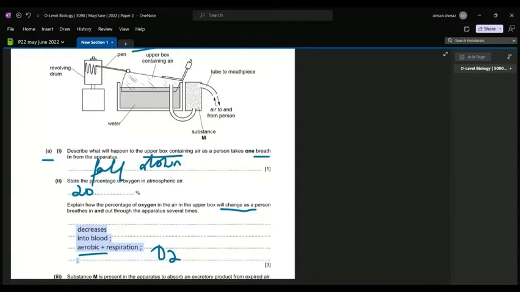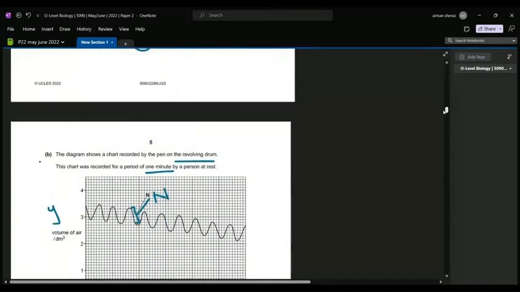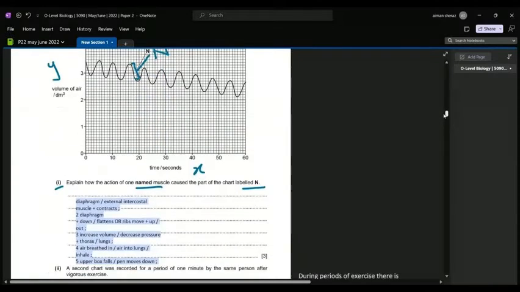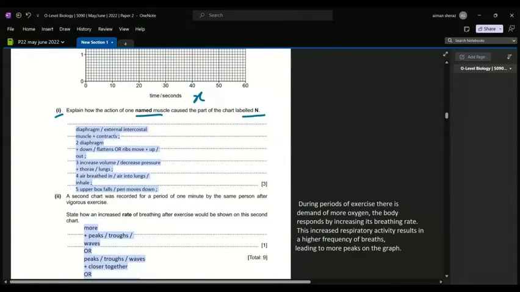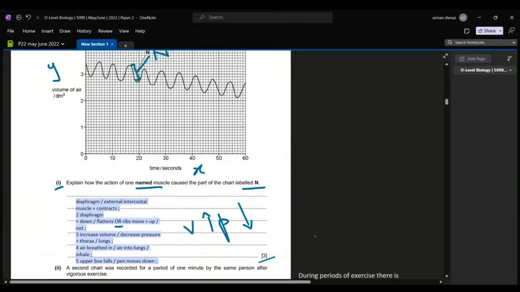That means we were talking about inhalation all the time. So we know that when we inhale, the diaphragm and the external intercostal muscles contract. Next, the diaphragm goes down, or flattens, and the ribs move upwards and outwards. Next was an increase in volume of the thorax or the lungs, and a decrease in pressure.